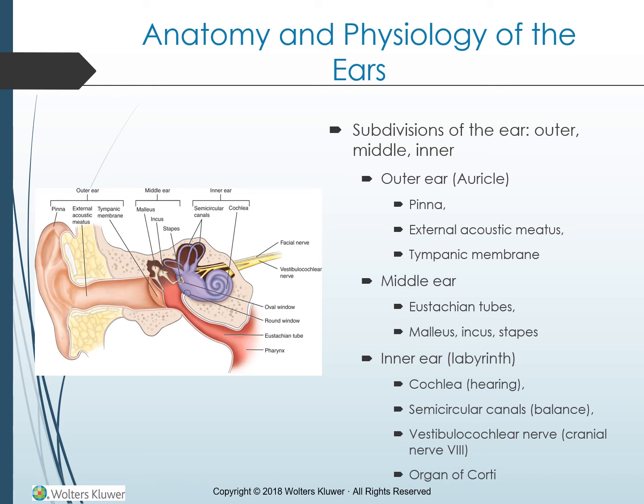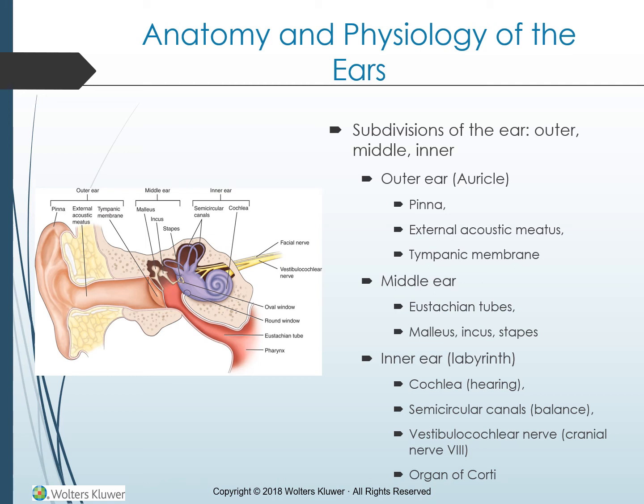Outer ear. The outer ear or auricle consists of the pinna, the fleshy external projection of the ear, and the external acoustic meatus, a 1-inch canal that extends to the tympanic membrane or eardrum. The outer ear collects sound waves and directs them inward.